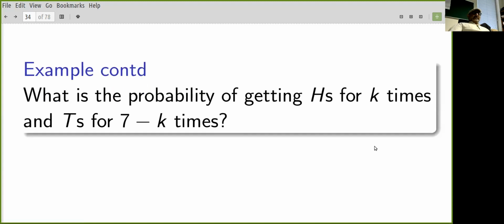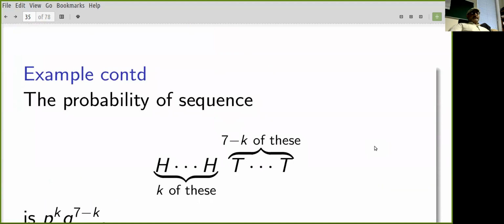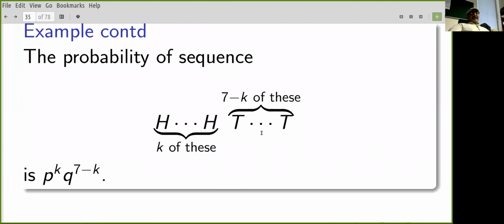The probability of each one of these is p to the k times q to the 7 minus k.